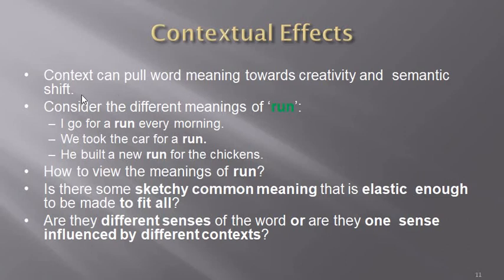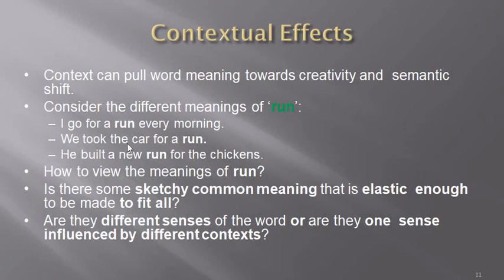I already told you that context is the situation in which someone is uttering. Context can be the environment, the idea, the reason for talking, or the culture. So consider the different meanings of run. "I go for a run every morning." In this sentence, run means he goes for walking or running every morning.